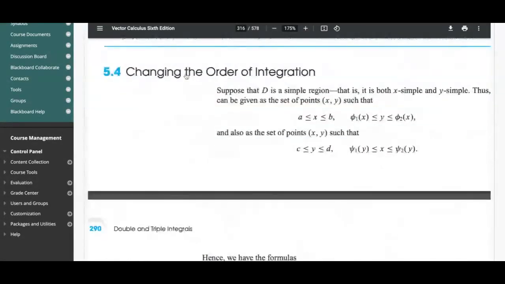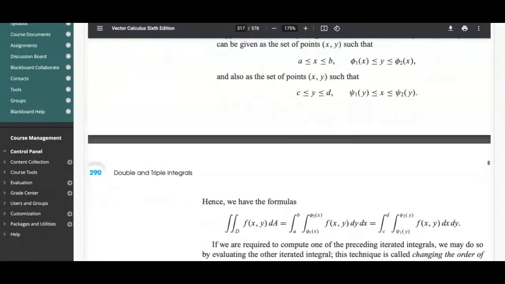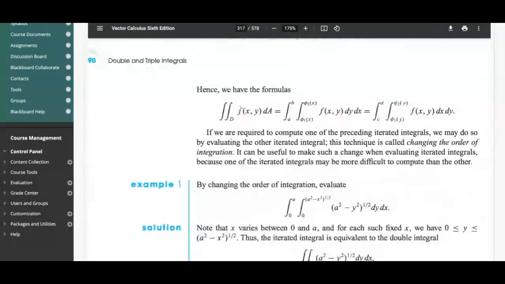Okay, let's see 5.4, change the order of integration. Because sometimes the integrand is really difficult to integrate in one direction with one variable. So then we want to change the order of integration. Let's see this one.